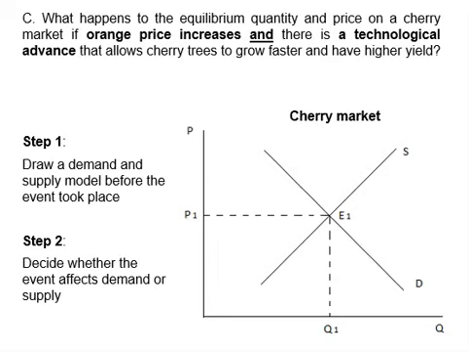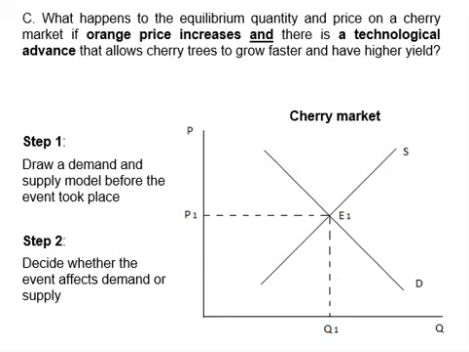Step 1 and step 2 are still the same as before. We draw the same original demand and supply graph in step 1 with the original equilibrium price P1 and equilibrium quantity Q1. Then we decide whether these two events affect demand or supply of cherries.